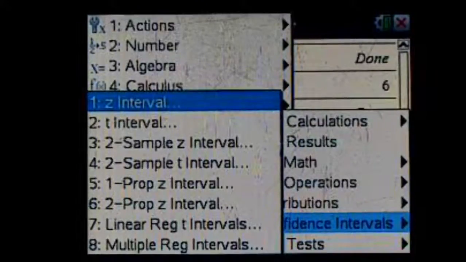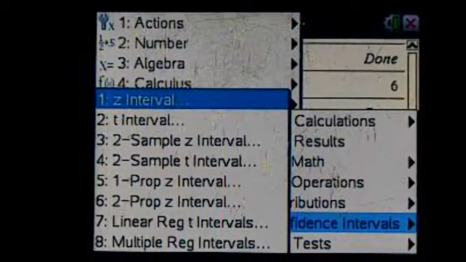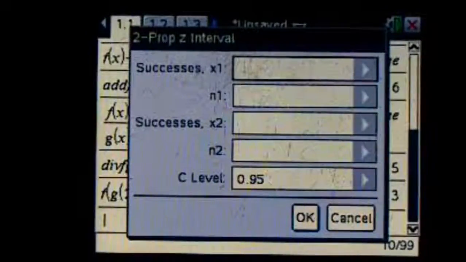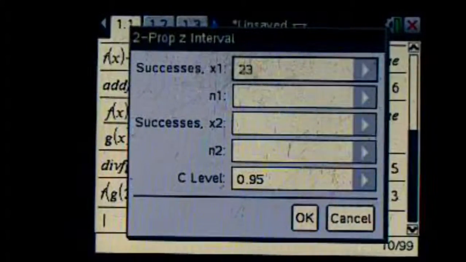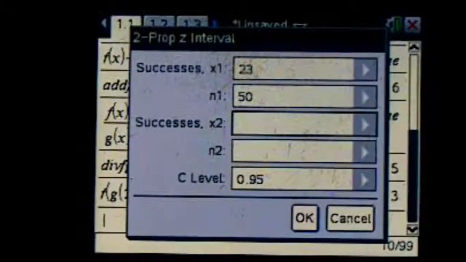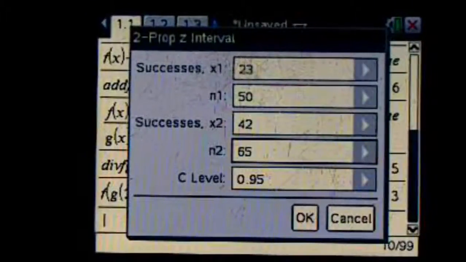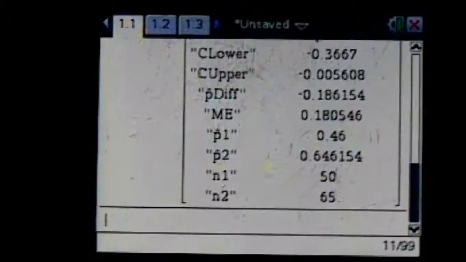Which one am I doing? Two-prop Z interval. We'll use our data: 23 out of 50, 42 out of 65. Let's find a 99% confidence interval for the difference.